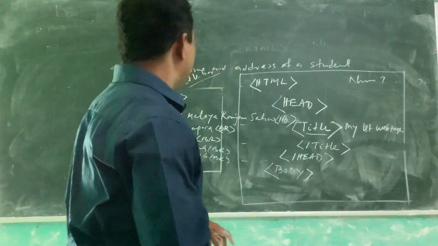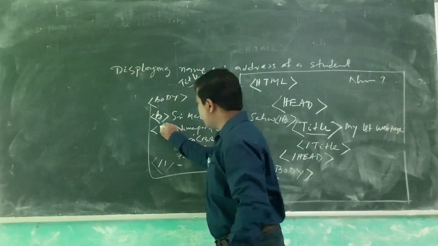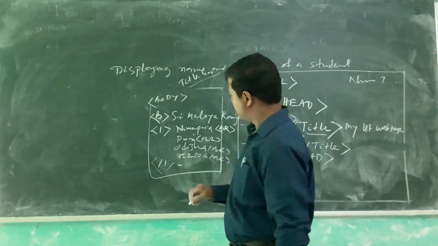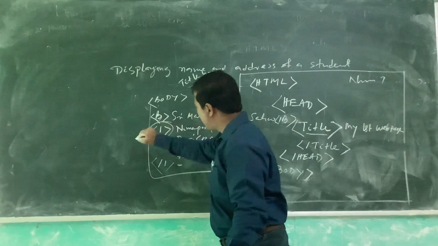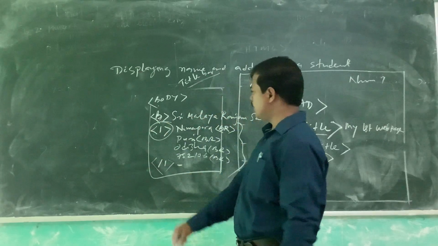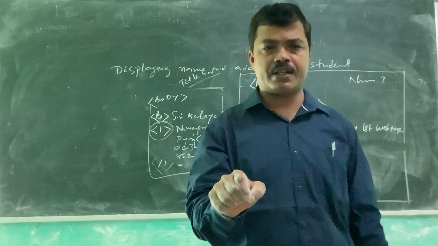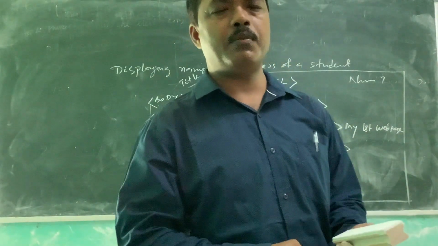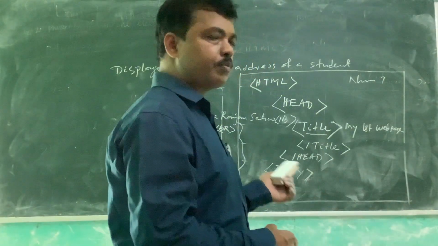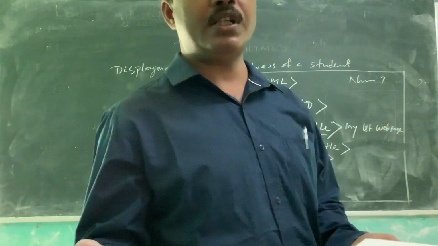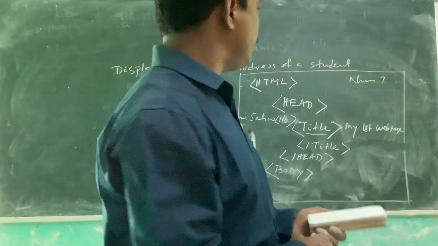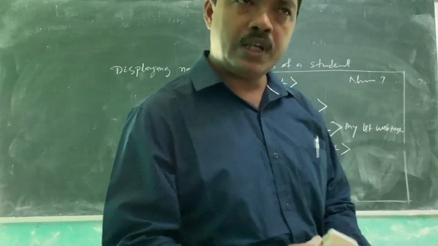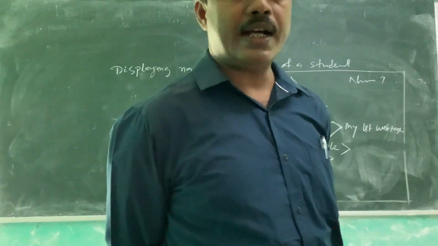And there is no need to type I and slash I again and again, because we want to give italic effect to all the addresses, whether it is street name, village name, post office, via police station, whatever. So all the addresses in our assignment, we have to display in italic.